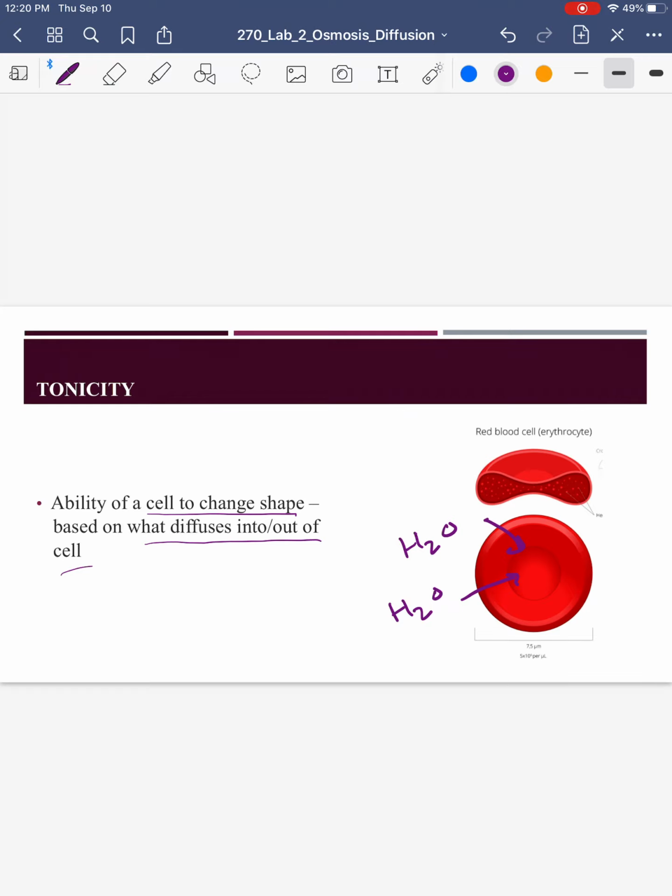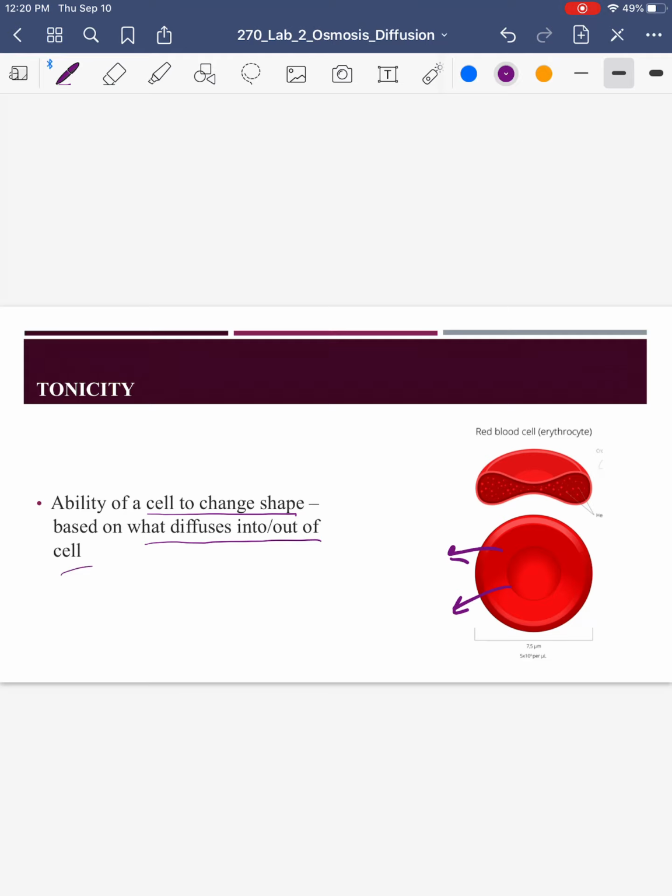On the other hand, what if all of a sudden a lot of water diffuses out of a cell, a red blood cell? It just makes sense. If we have a red blood cell that all of a sudden loses a bunch of water, that red blood cell may get smaller.